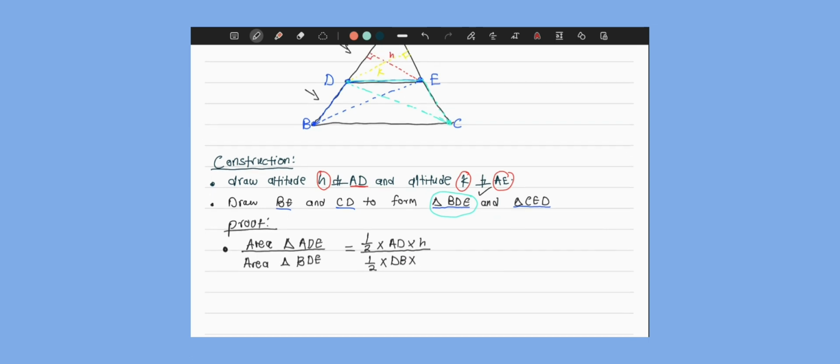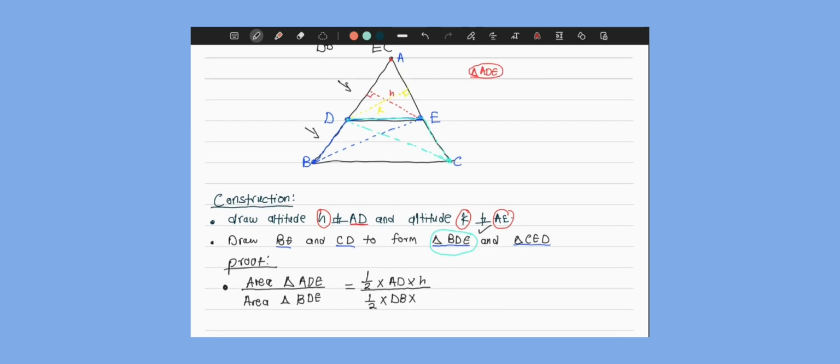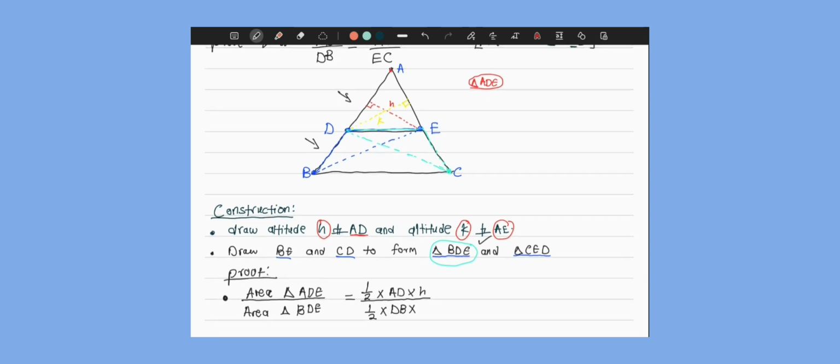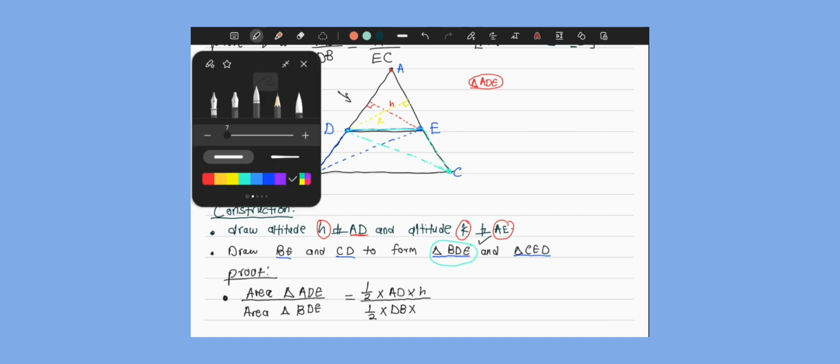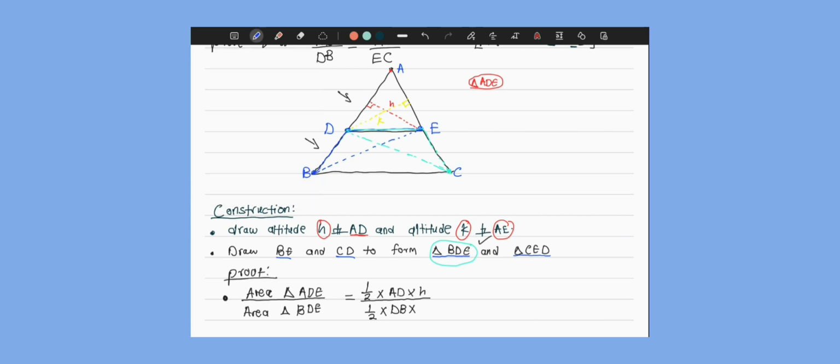So you might be asking yourself, what is the height of this triangle here? Since I'm using the base as DB, the height has to be perpendicular to this line. But as you can see, we cannot say the height is ED, because it is not perpendicular. So we need to extend this line so it can give us the altitude.